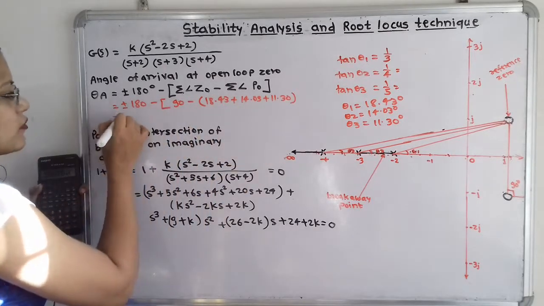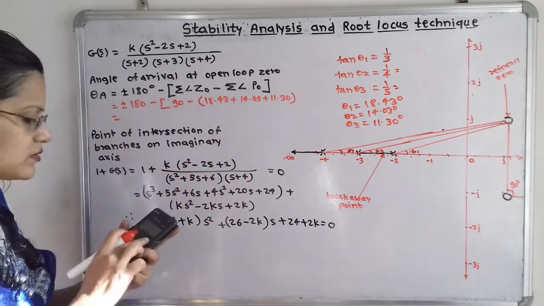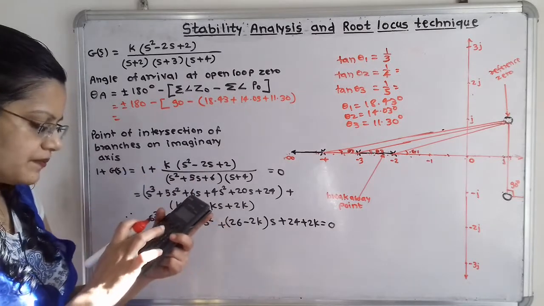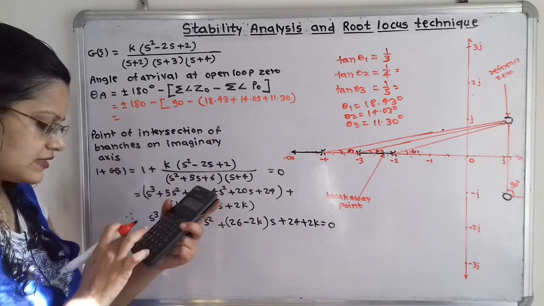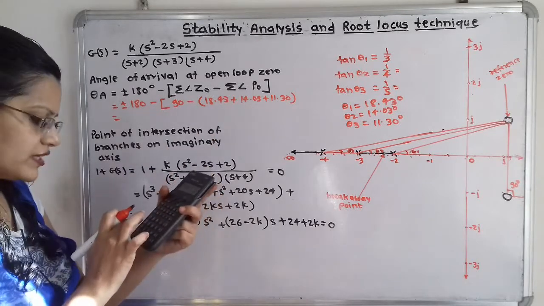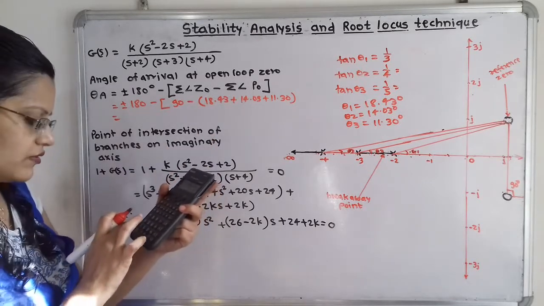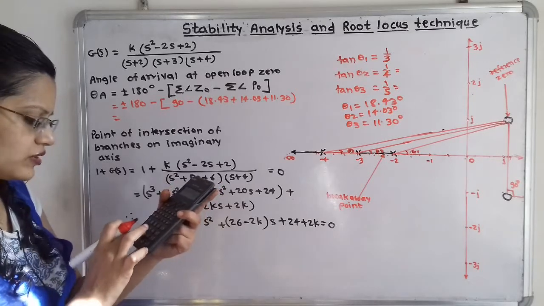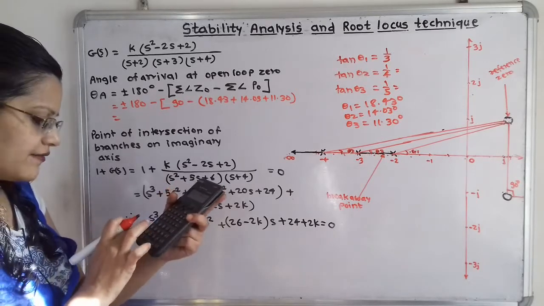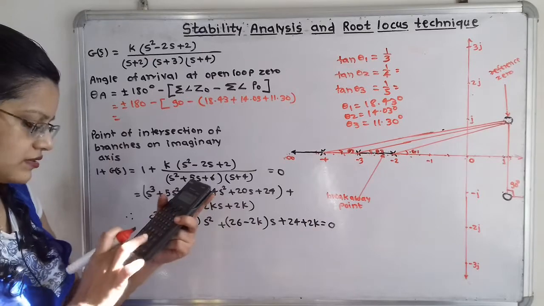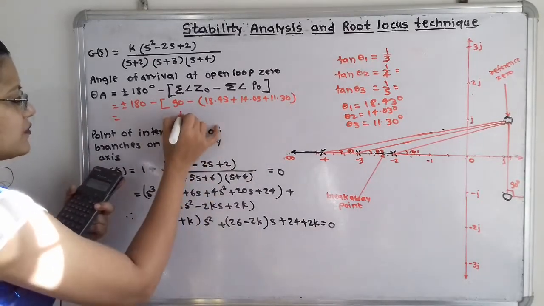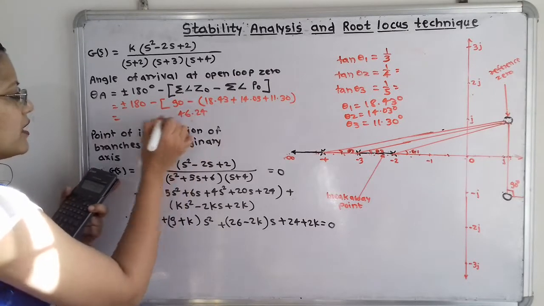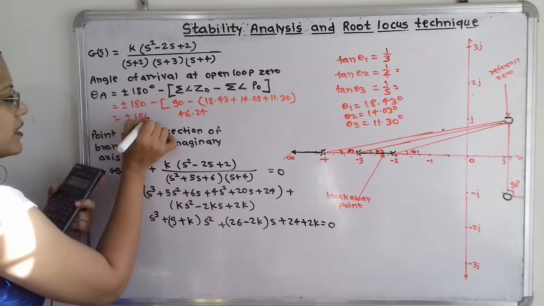If we calculate this, 90 minus all these summed in the bracket, the whole answer is 46.24. And here, plus minus 180 minus.